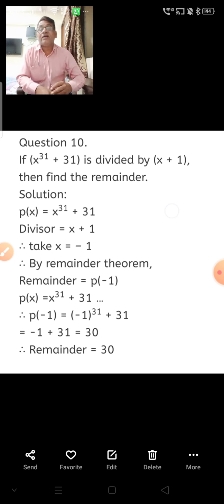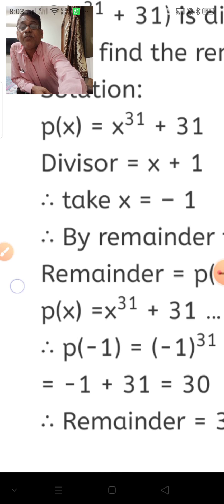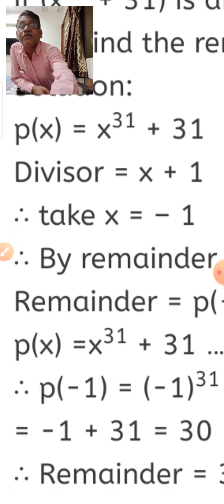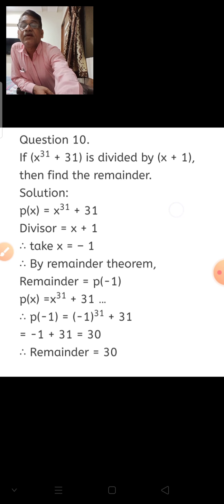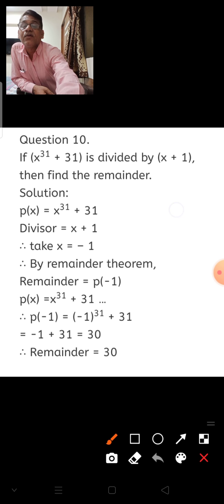By the remainder theorem, see what the remainder is here: the remainder is p of minus 1. p of x is x raised to 31 plus 31.